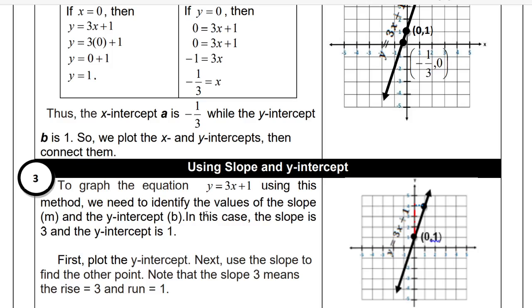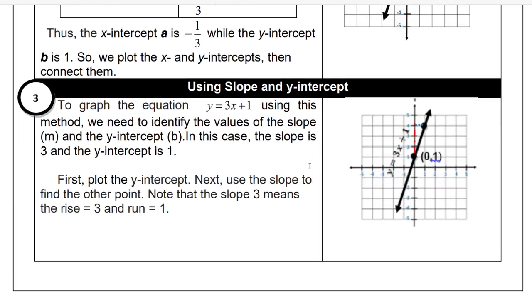Okay, number 3, using slope and y-intercept. To graph the equation y equals 3x plus 1 using this method, we need to identify the values of the slope m and the y-intercept b. So in this case, the slope is 3 and the y-intercept is 1.